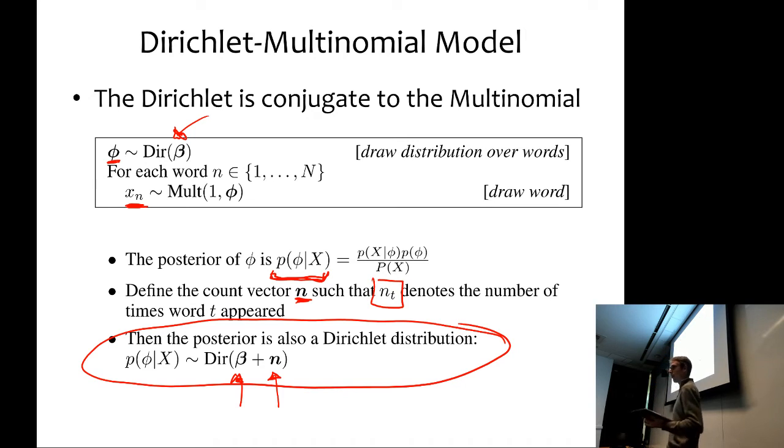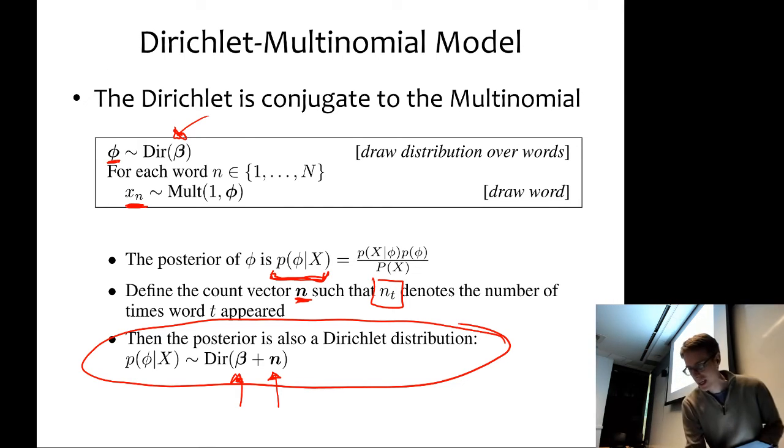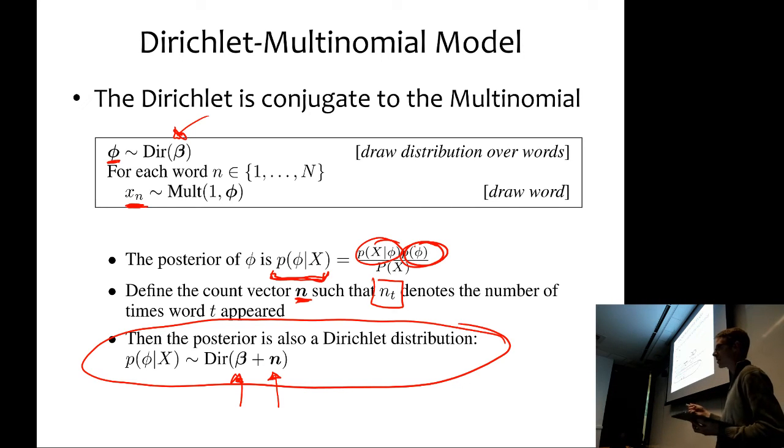So here, the point is that I picked this pair of distributions because they have this property. Here we multiplied together this multinomial distribution with this Dirichlet distribution. And for some reason, it worked out that the posterior ended up also being Dirichlet.